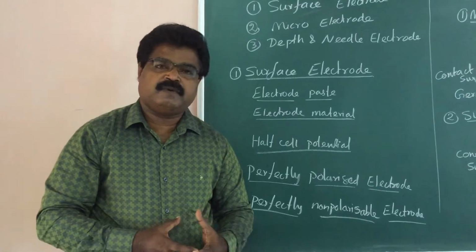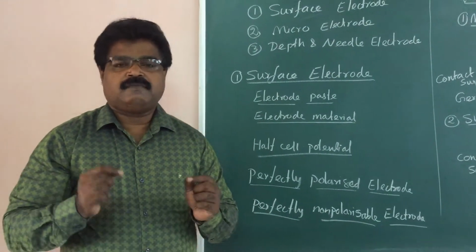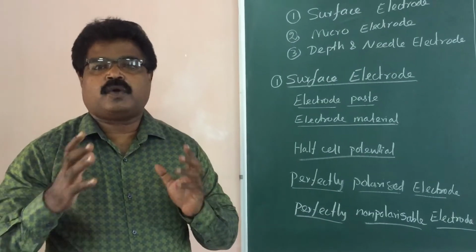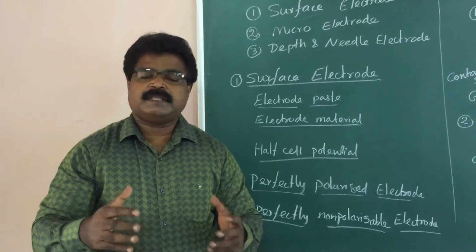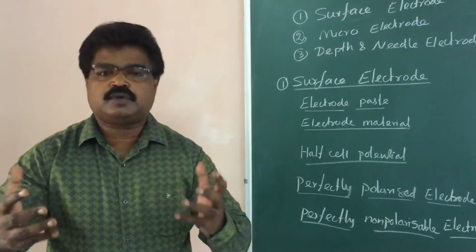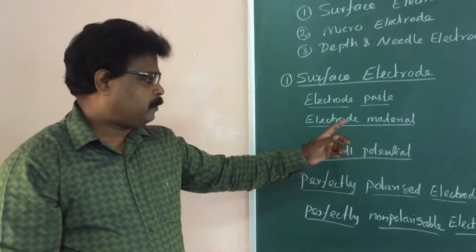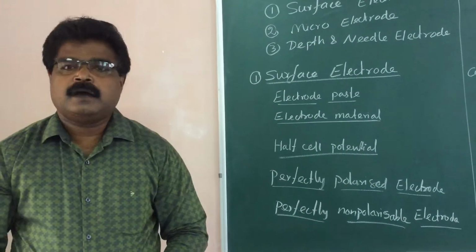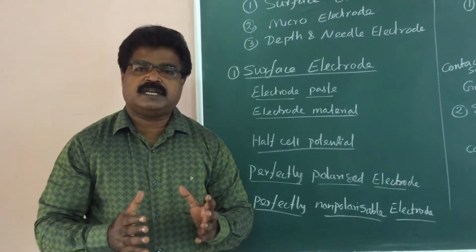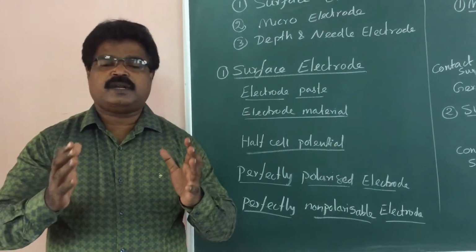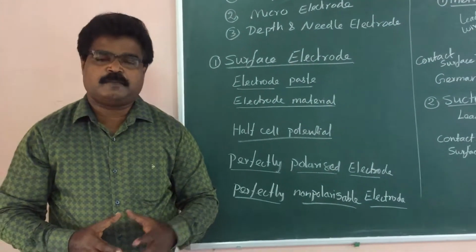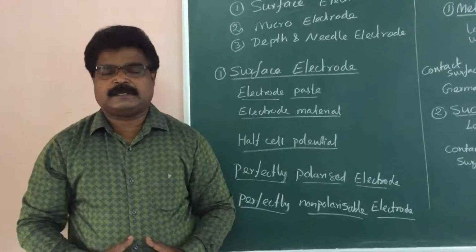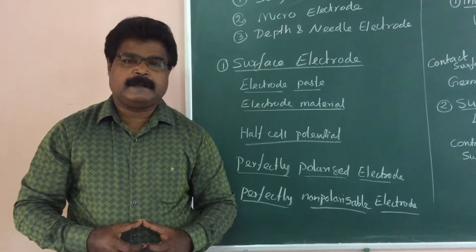Normally it is made of silver or silver chloride, or tungsten, or some other material that is compatible with body fluids. Half cell potential is the potential between the electrode and electrolyte interface. That's called half cell potential.